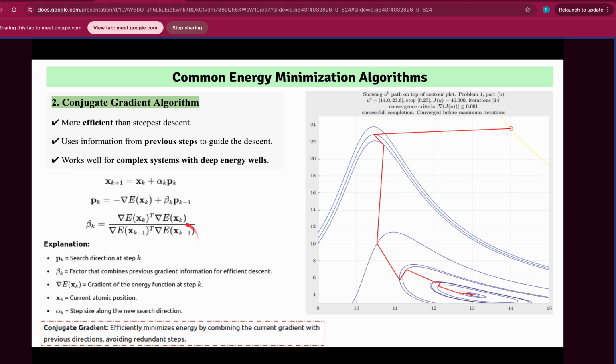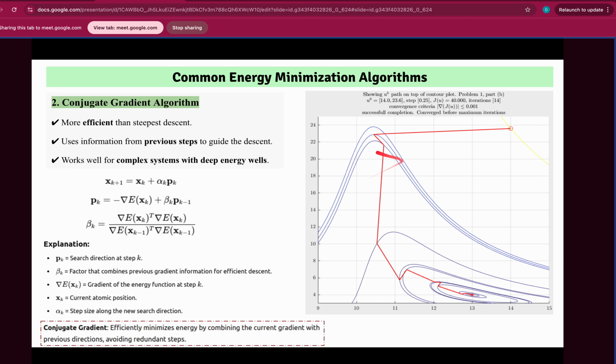In this case, instead of only considering the previous step, we are also considering the step previous to that. For example, when moving from the second point to the third point, instead of only considering the energy gradient of the second point, I am also considering the gradient of my first point. That is what the conjugate gradient algorithm tells you: not just one step, but it also takes the previous step into consideration.